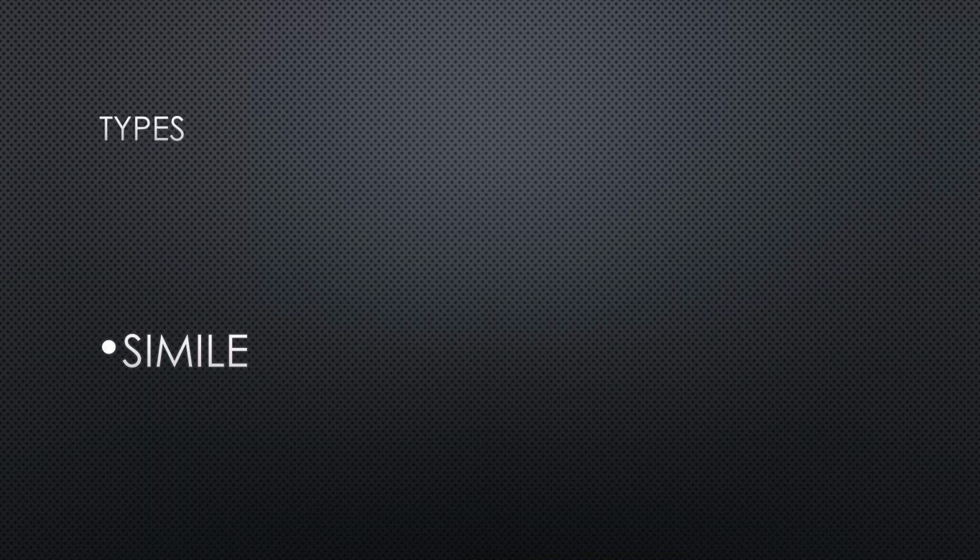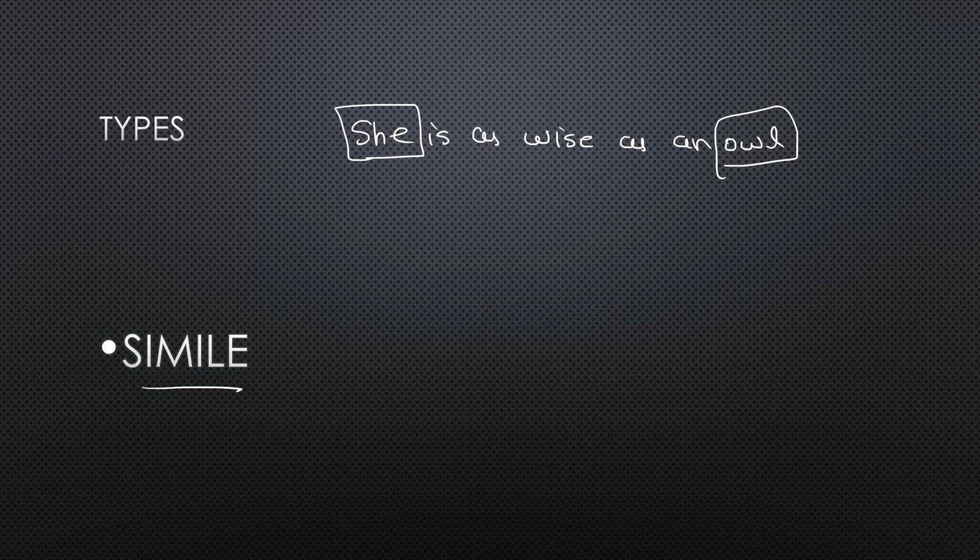Now comes the types. Very interesting. First figure of speech is simile. For example, I'm writing here, she is as wise as an owl. So can you see? I'm comparing, or this person is being compared because of the wiseness, and we are using as or like.